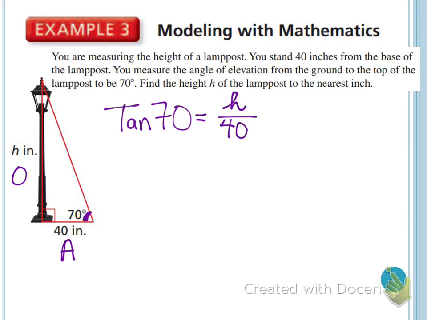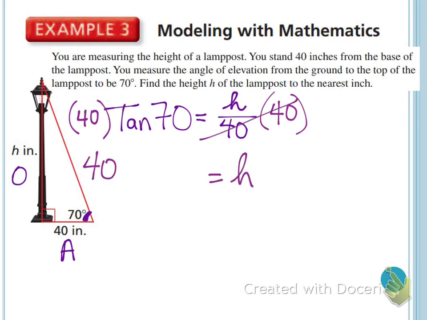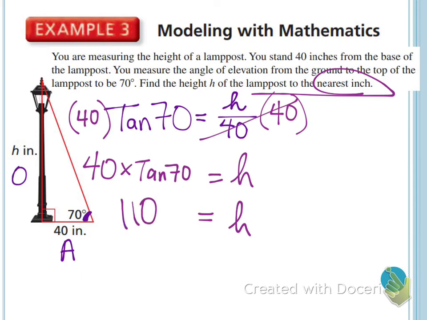No, it's being divided by 40, so the opposite of that is multiplying both sides by 40. So you're not typing in a fraction at all. You just do 40 times tangent of 70. It does say round to the nearest inch. Yeah, so you get 109.9, right? So that rounds up to 110 inches.